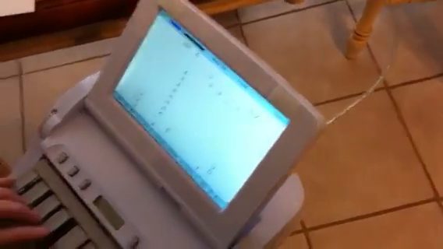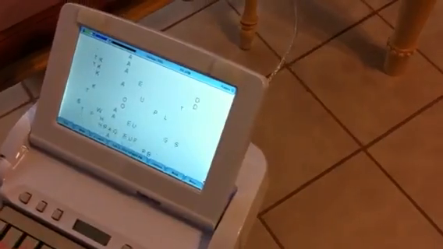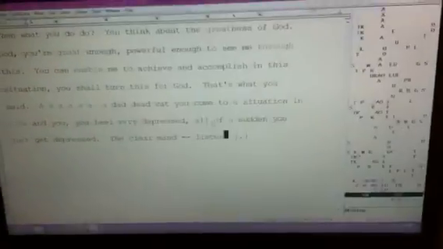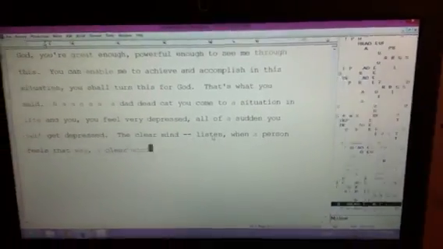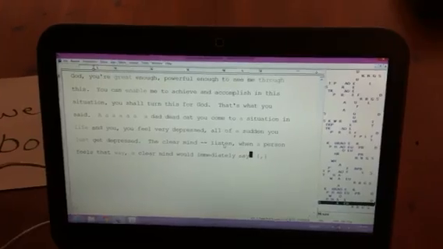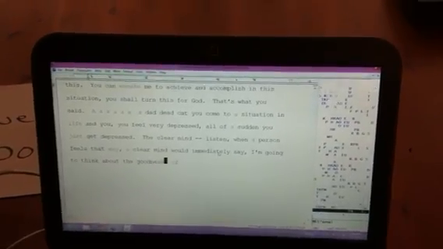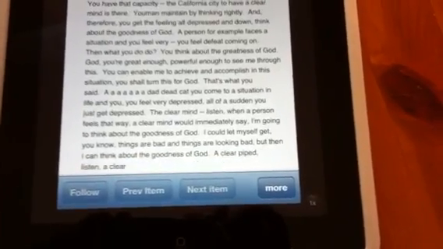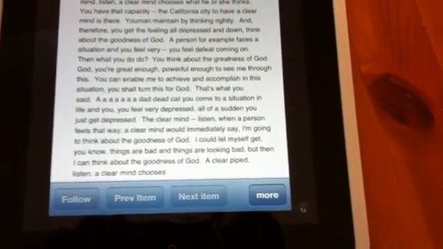For example, that you come to a situation in life and you feel very depressed. All of a sudden you just get depressed. The clear mind, listen, when a person feels that way, a clear mind would immediately say, I'm going to think about the goodness of God. I could let myself get, things are bad and things are looking bad, but then I can think about the goodness of God. A clear mind, listen, a clear mind chooses what he or she thinks.